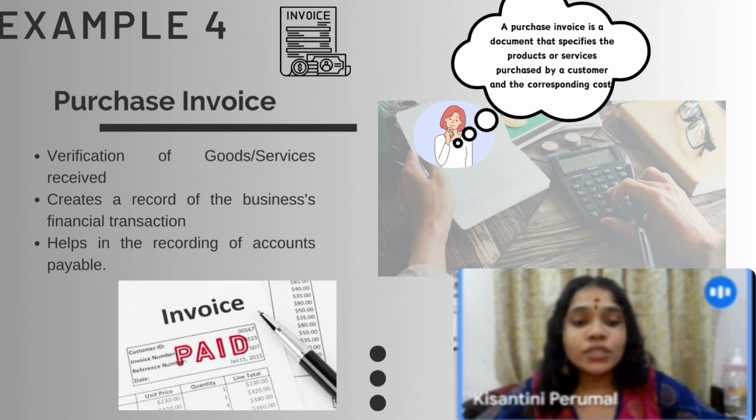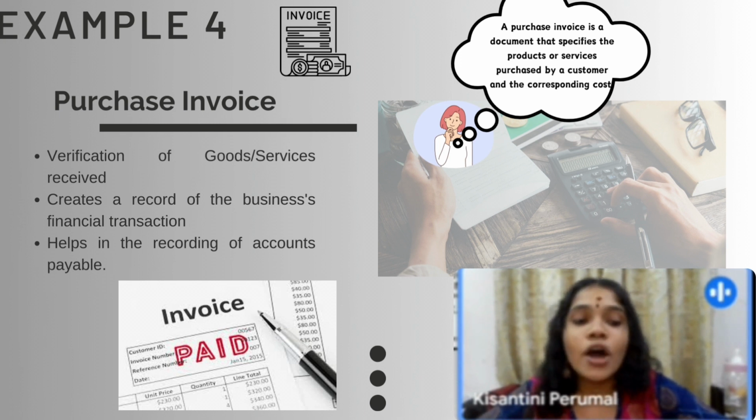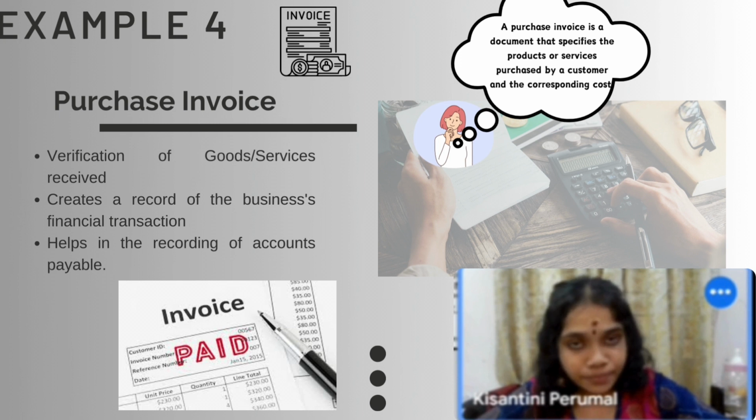Businesses use the data on the purchase invoice to make sure that supplies or services are made according to the terms that we agreed upon. It helps in making sure that the right things in the right amounts were supplied.